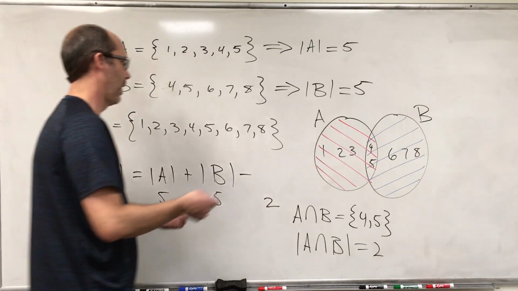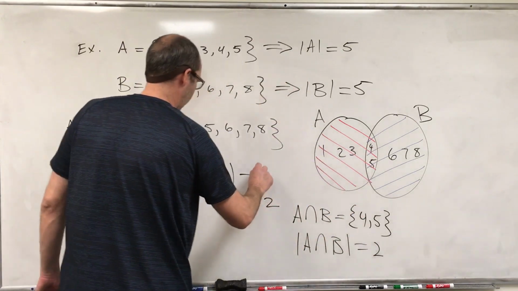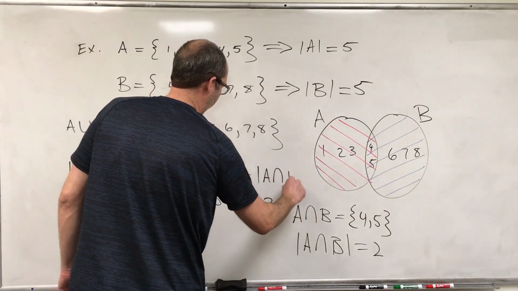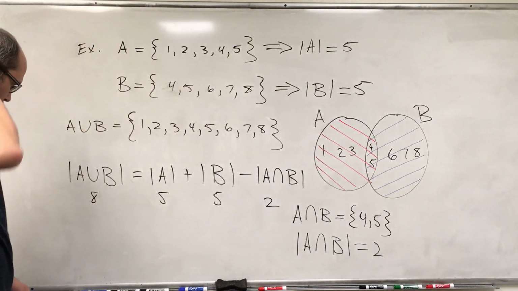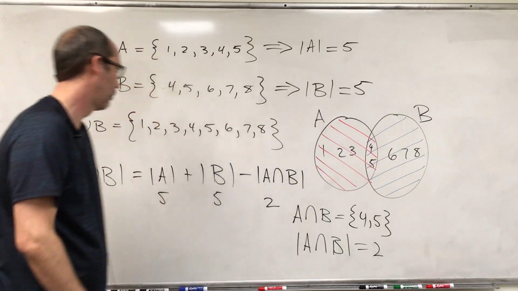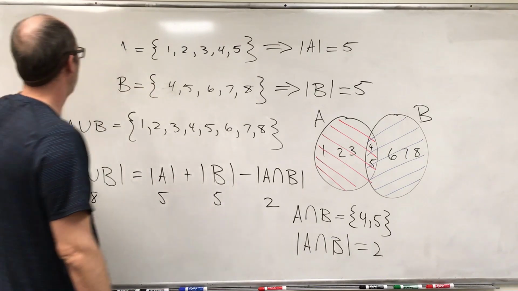What counts that 2, in general, is the cardinality of A intersect B. That's the idea.